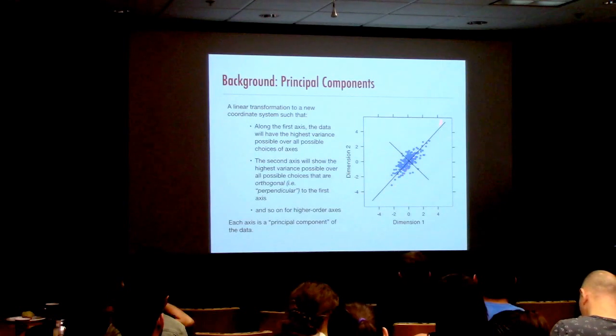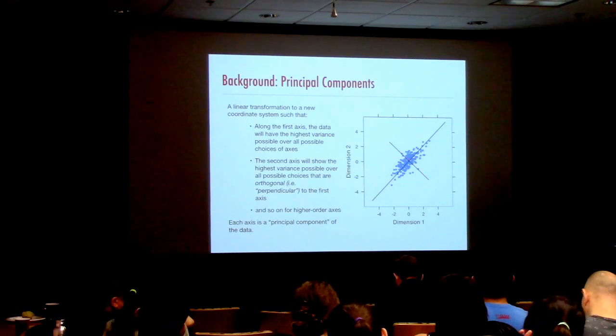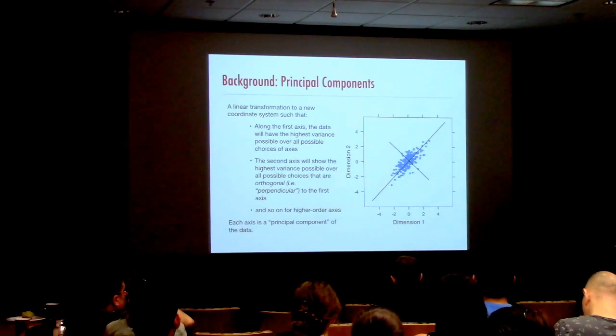The first principal component will run through here. The second principal component is chosen to be orthogonal to the first, capturing the remaining variance. It's automatically just this axis in a 2-dimensional case, but in higher dimensions it can be more interesting, and we'll choose the next axis that has the most variance.